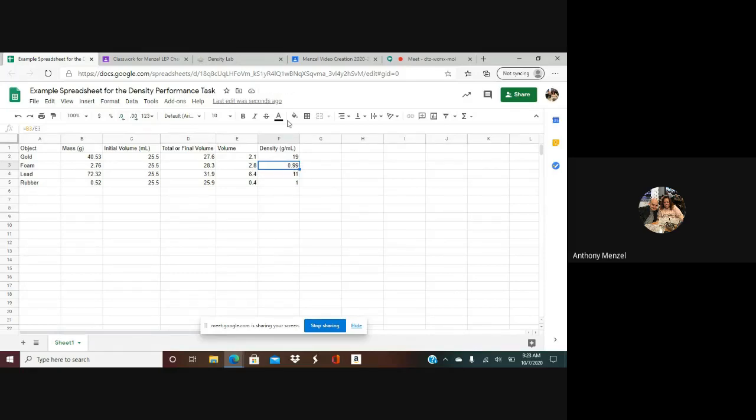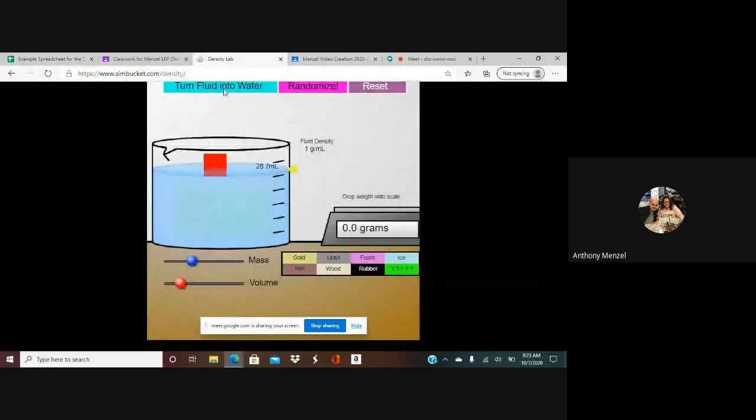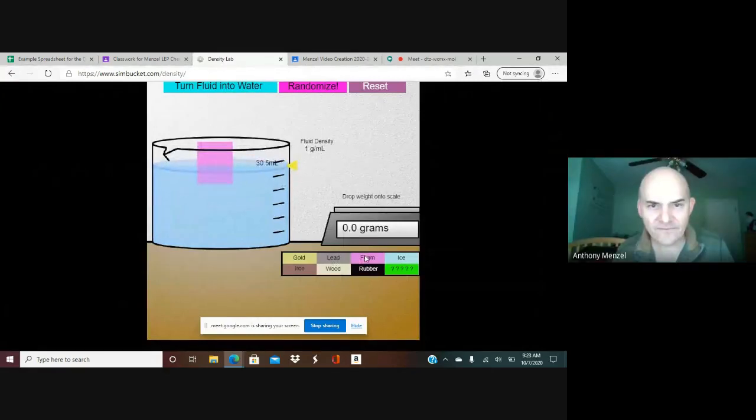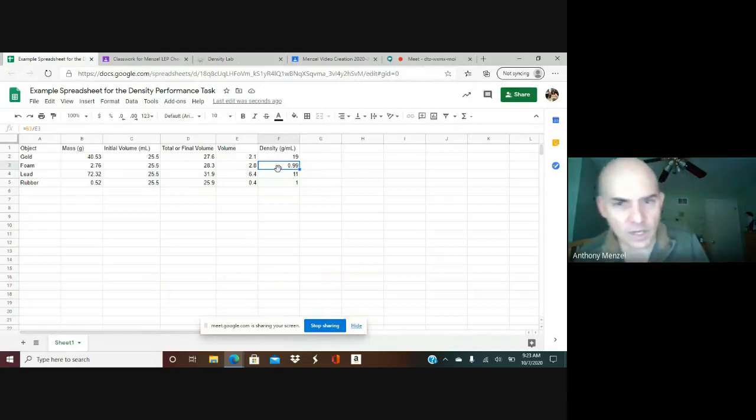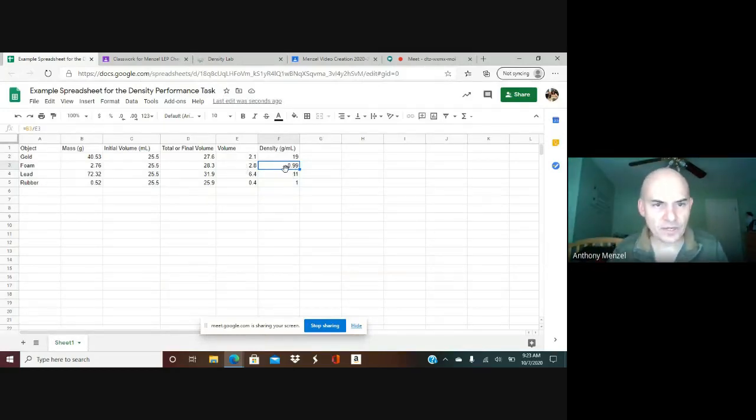Foam floats. So it's important to realize that the foam, if we go back here, the density of water is 1 gram per milliliter. So anything that floats like foam should have a density that's less than 1. So really to get a more accurate picture of what's going on with the foam, we should have it be less than 1. So that's rounded a little bit differently, just to take into account that if any object you have floats, it should be less than 1.